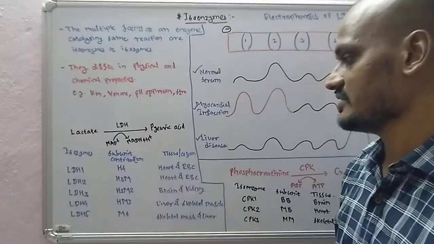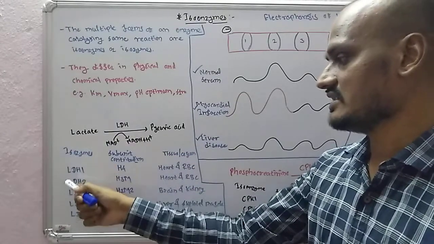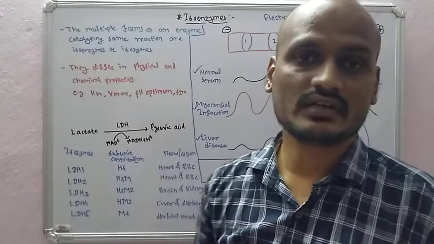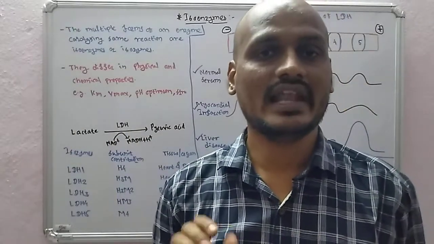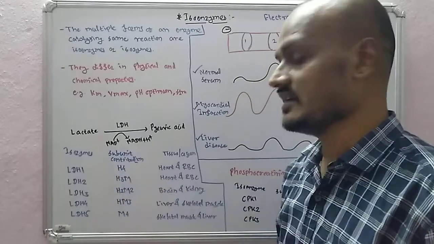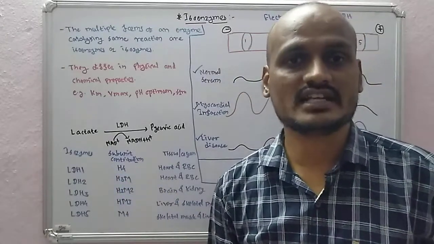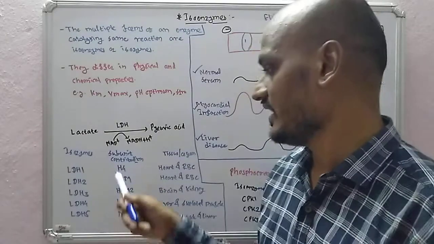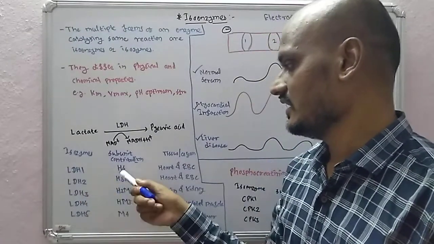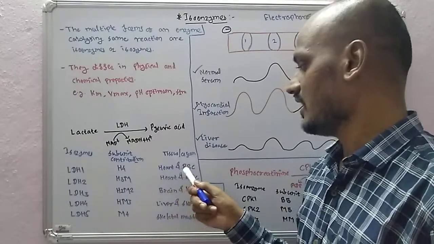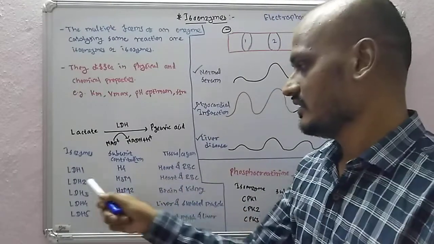So we have different tissues here and we have isoenzymes LDH 1, 2, 3, 4, 5. So we have 5 different isoenzymes of lactate dehydrogenase, and we have the H subunit and the M subunit. H subunit stands for the heart and the M subunit stands for the muscle. So LDH1 has H4 contribution and it is mainly occurring in the heart and RBC.